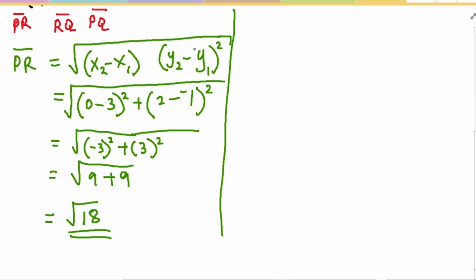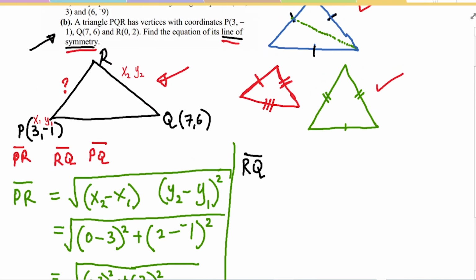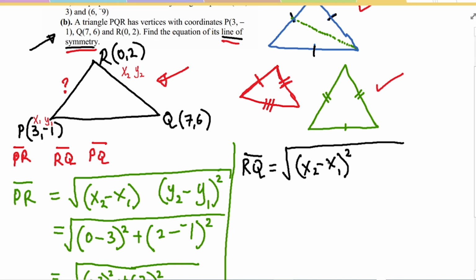So let's find side RQ. Again, we are going to do the same. R is (0, 2). So for RQ, we are going to say it's the square root of x2 minus x1 squared, plus y2 minus y1 squared.